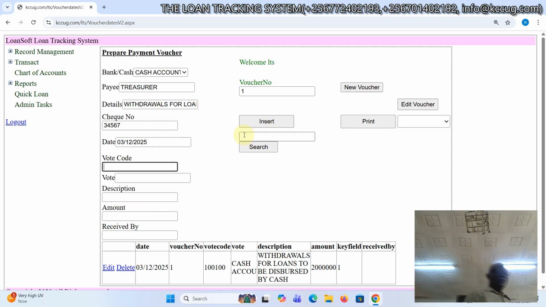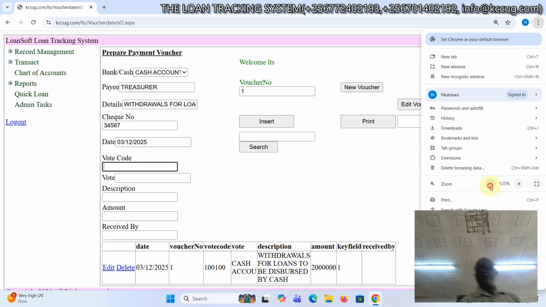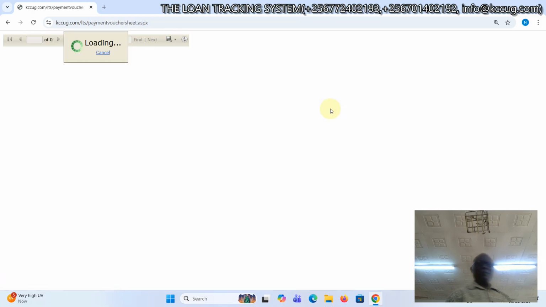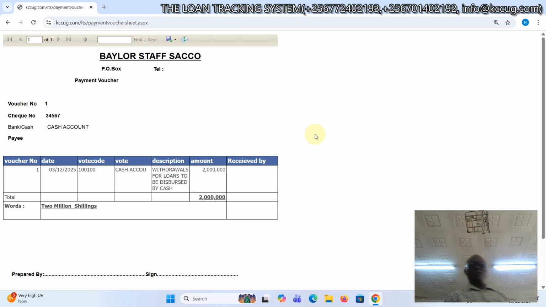So the system has prepared a payment for us here, as you can see. Next, you print this payment voucher because it will be signed together with the check. Click on print payment voucher, and the system will generate a payment voucher like this.